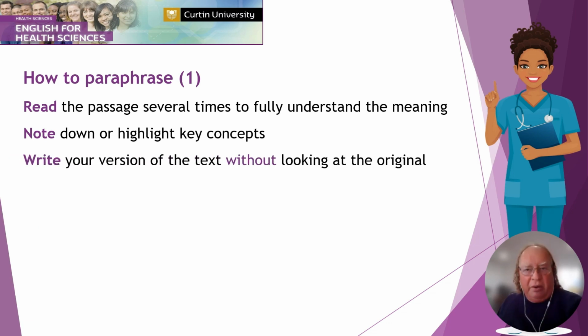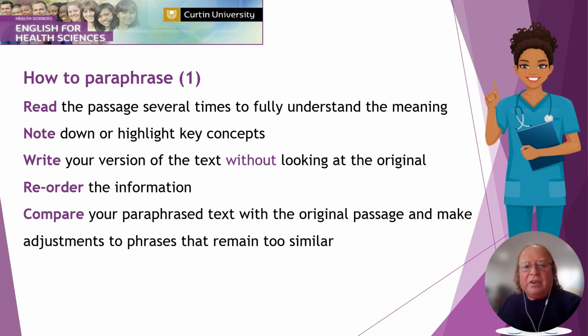Then, using your notes, you can start to write your version. And I recommend you do that from your notes without looking at the original text. Once we've written those notes, we can start to think about how we can reorganize and reorder the information that we're writing.